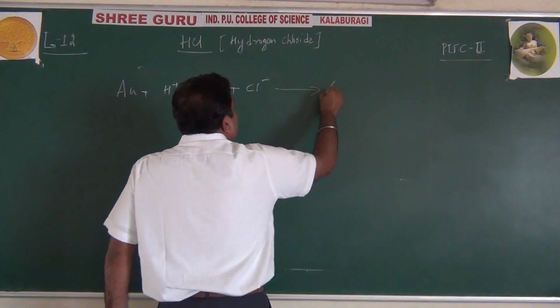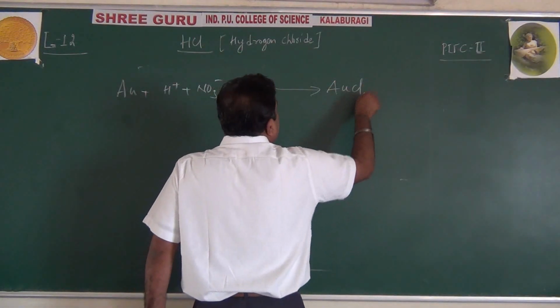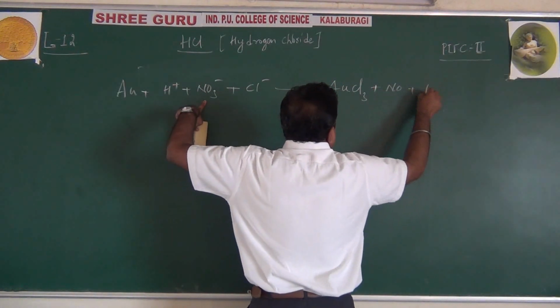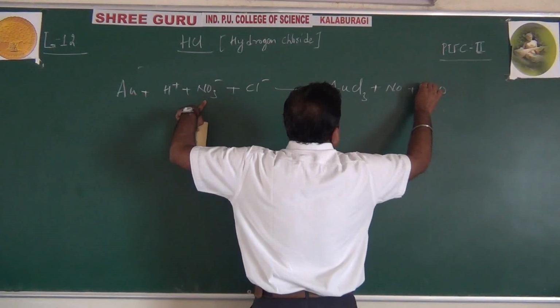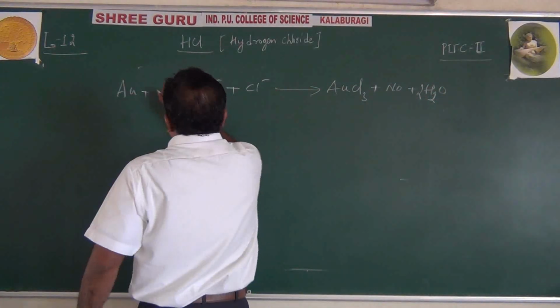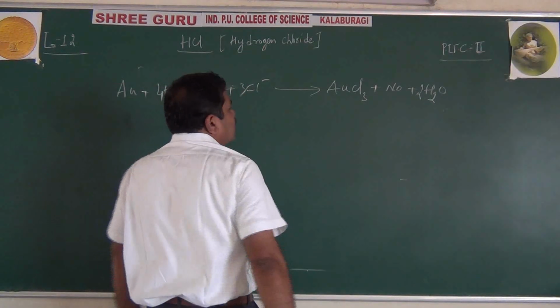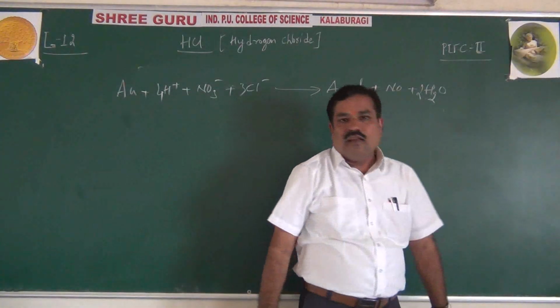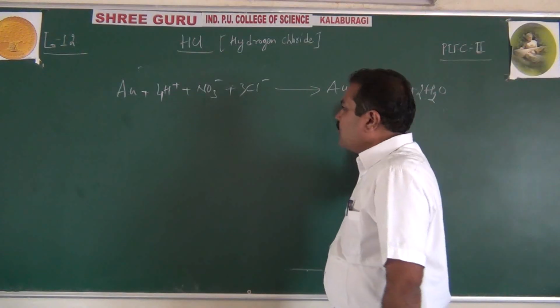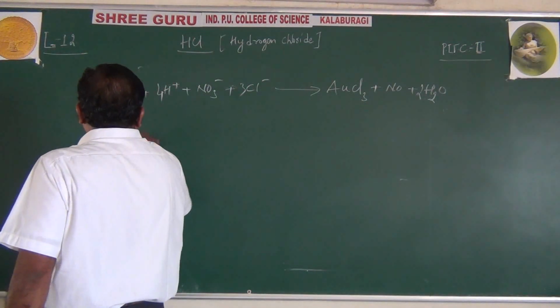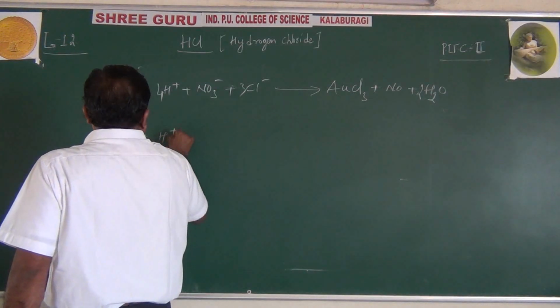In ionic form, AuCl3 plus nitrate to nitric oxide and H2O. 2 moles, 4H plus, right? 3Cl minus. Like this, nitrate to nitric oxide. This is why gold. That is platinum, Pt plus H plus.